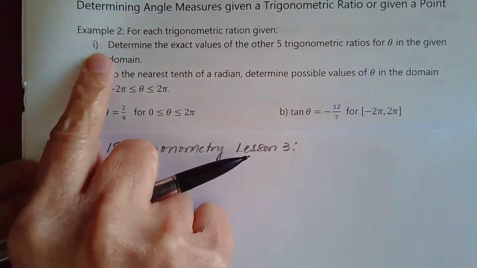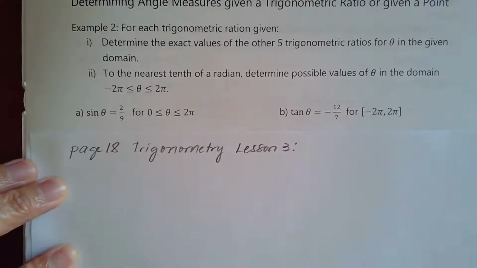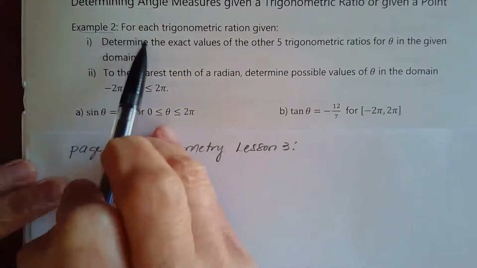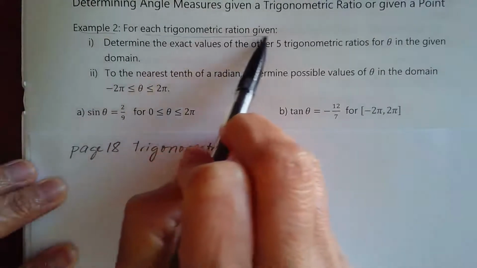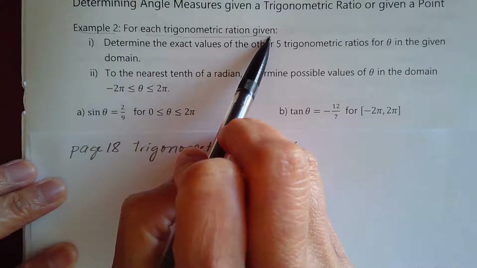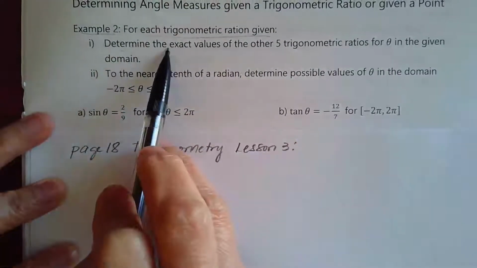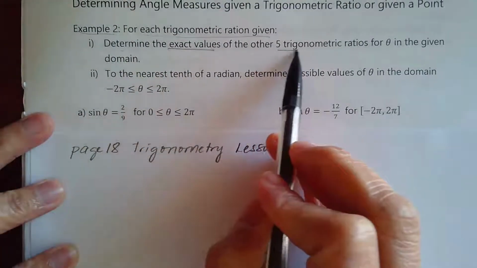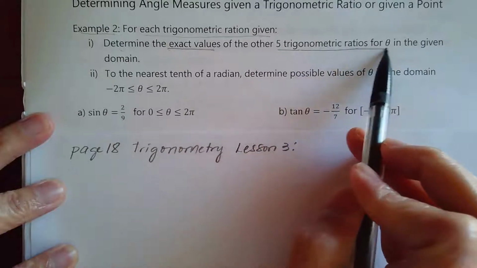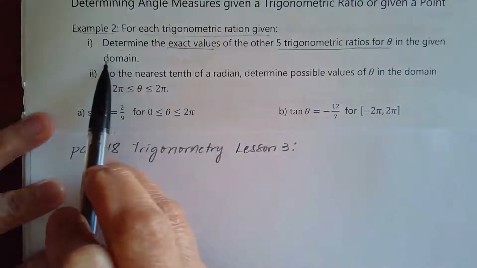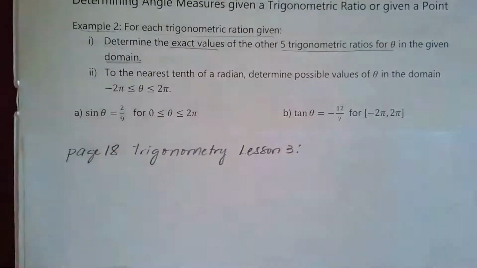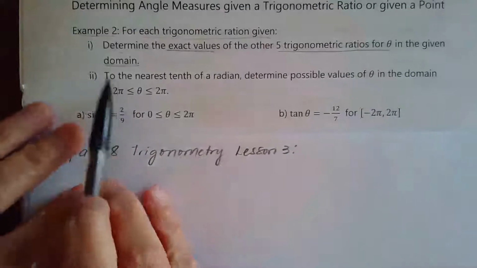So let's take a look at example number 2. Let's read it first. It says here, in example number 2, for each trig ratio given, determine the exact values of the 5 other trigonometric ratios for theta given the domain. And that's the first part.